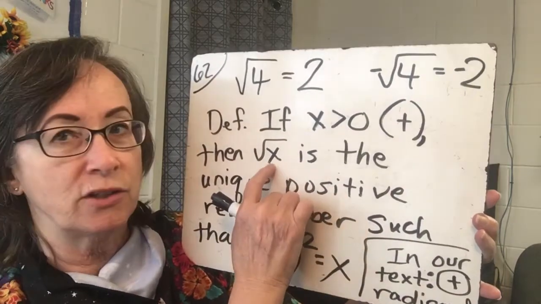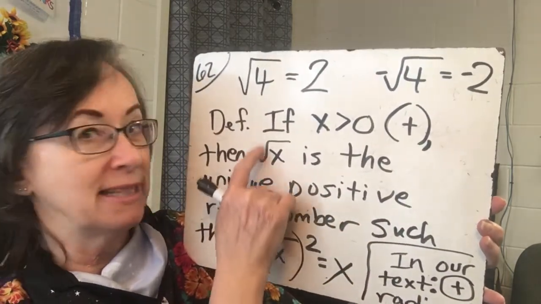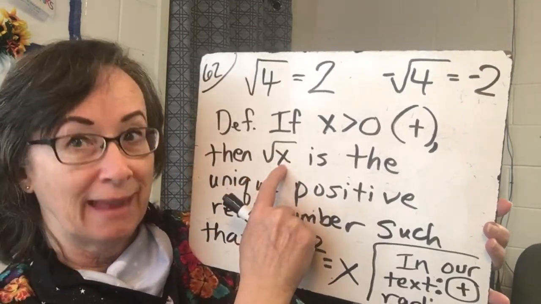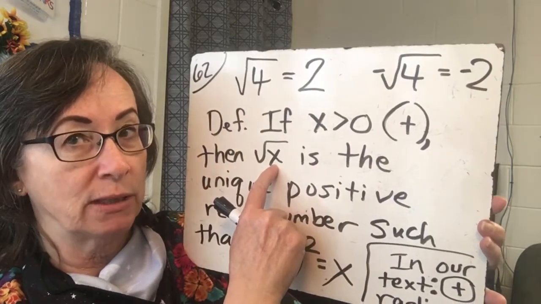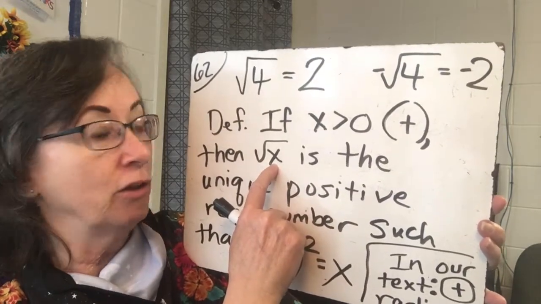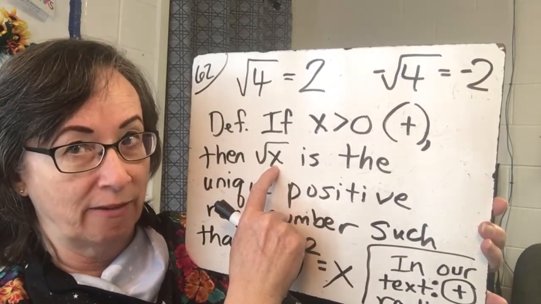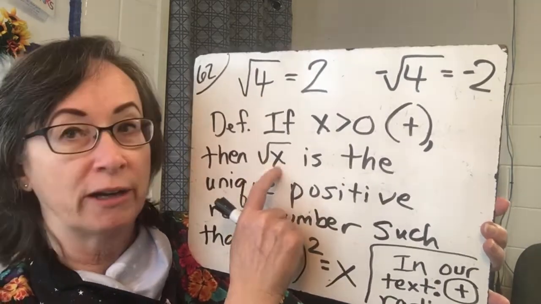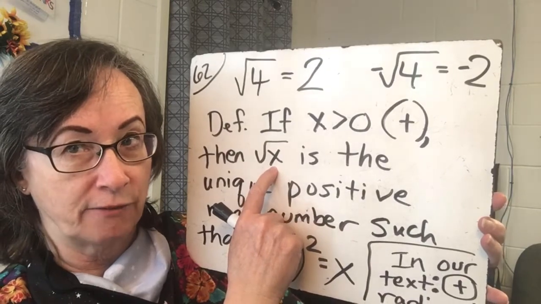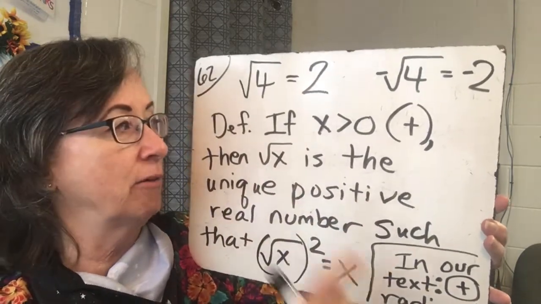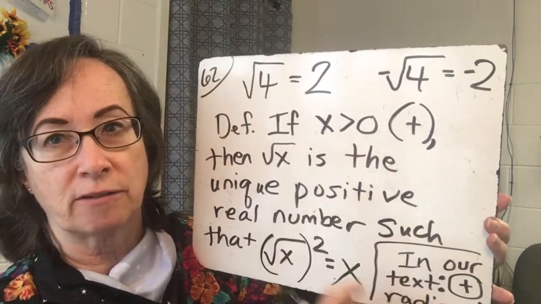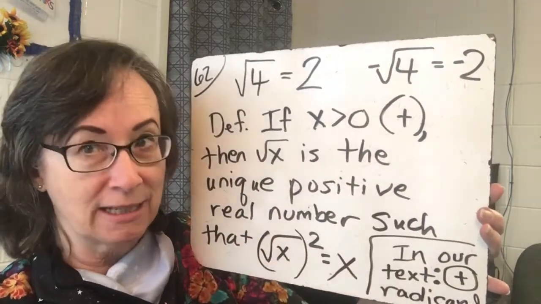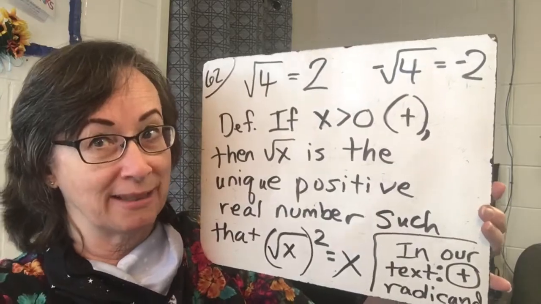Underneath here is called the radicand. That will always be positive in our textbook. Later on, you'll learn about what happens when that's negative. But right now, in our book, we're always going to treat that as positive. So they're stating that now so they don't have to say if x is greater than 0 all the way through the textbook.